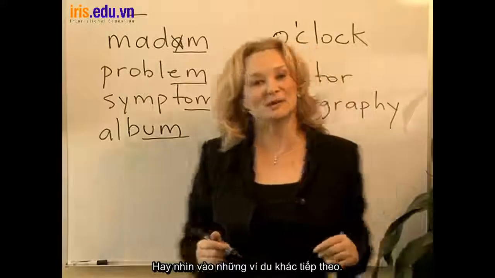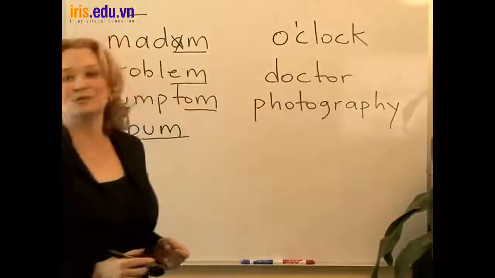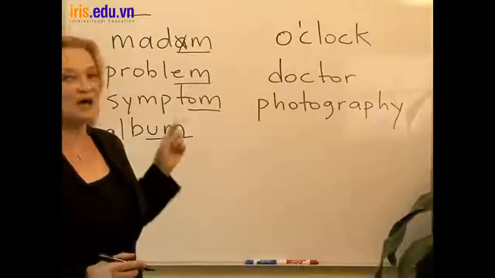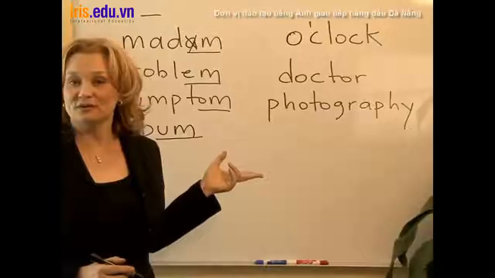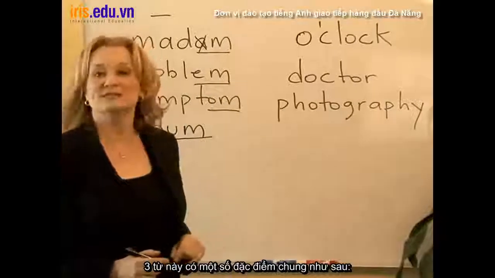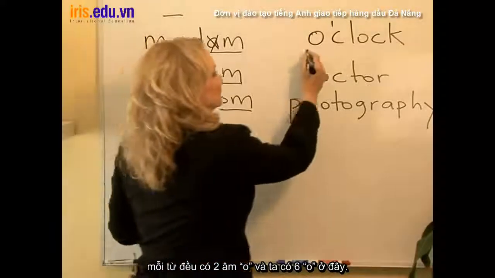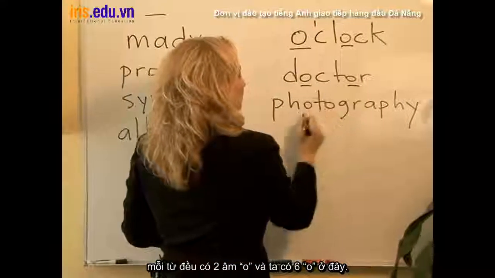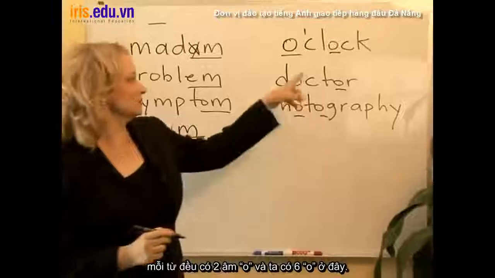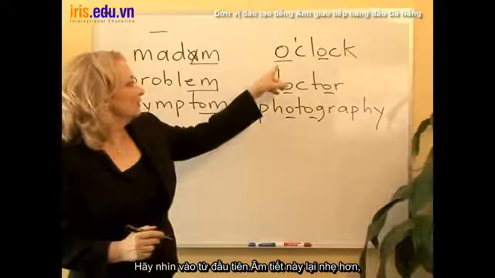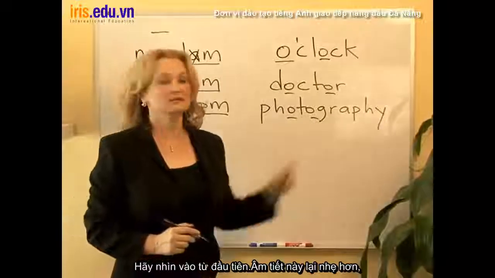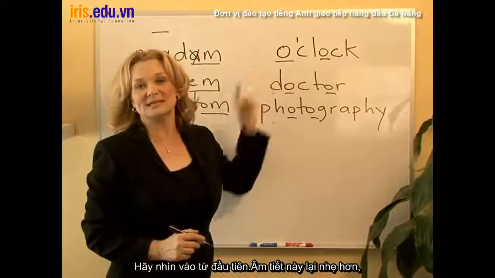Let's look at another example. Look at these three words, o'clock, doctor, and photography. These three words have something in common. Each word has two O's. There are 6 O's here. Look at the first word. The first syllable is reduced in this case.